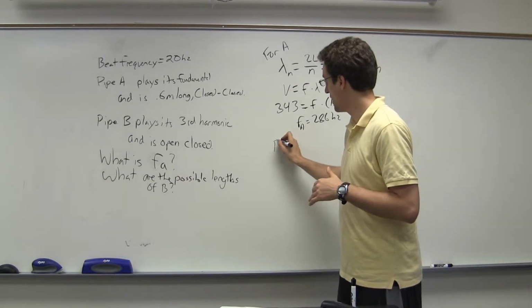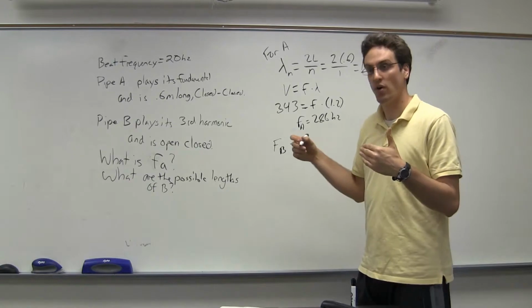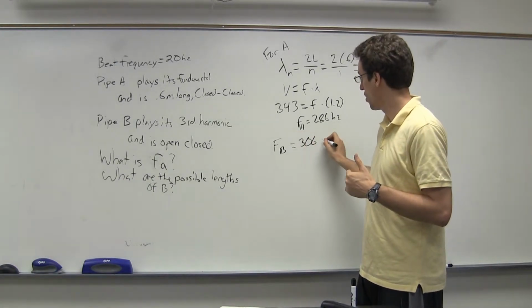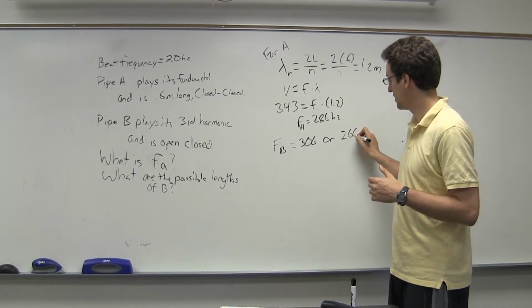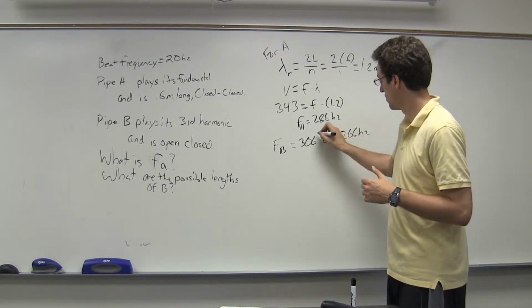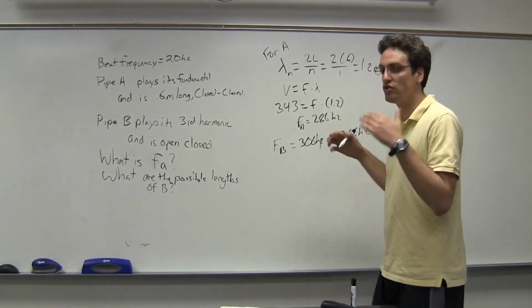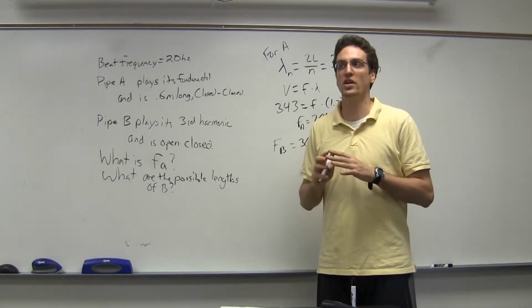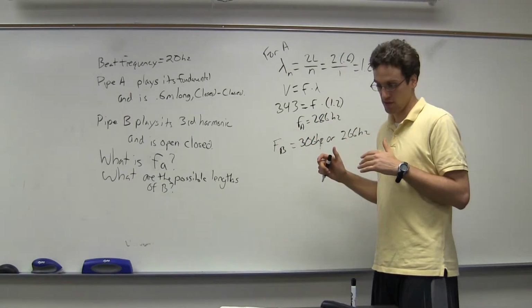So FB is equal to 286 plus 20, or 306, or 286 minus 20, or 266. I have two possible frequencies, and I don't know which one it is, so I'm going to have to solve for my lengths with both.